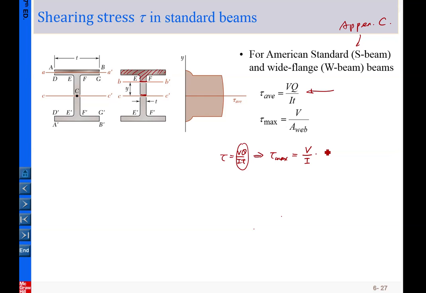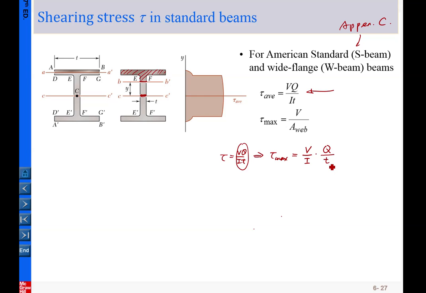However, if you want to maximize the shear stress, you can find a place where the maximum Q occurs at the same time as the minimum t. For this case, they happen at the same location, CC prime, along this cross section, where Q is maximum and t is minimum.